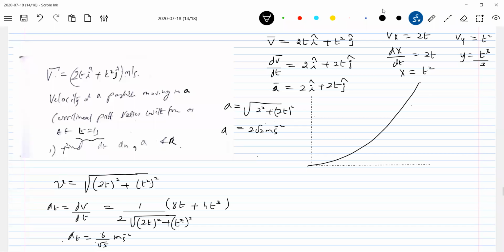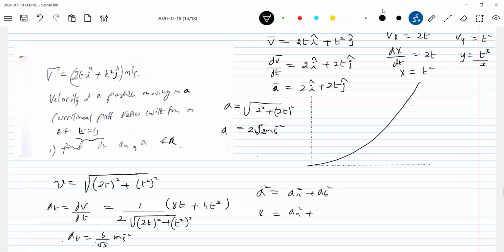And we know when a particle moves in a curved path, the total acceleration is given by a square equal to a n square plus a t square. So a square is how much? It will be 8. Do we know a n square?